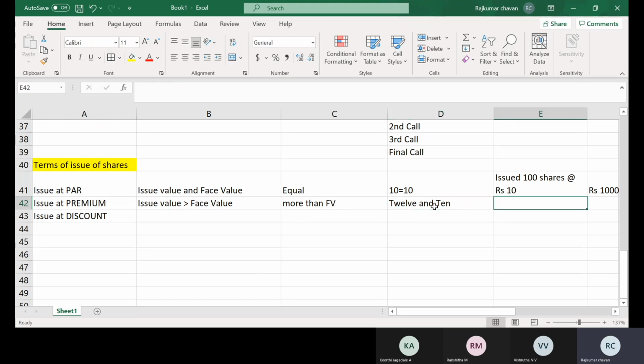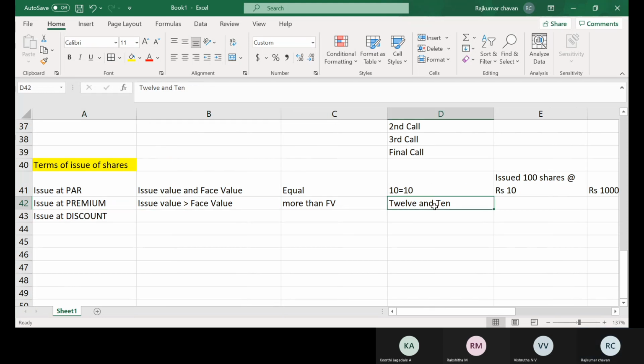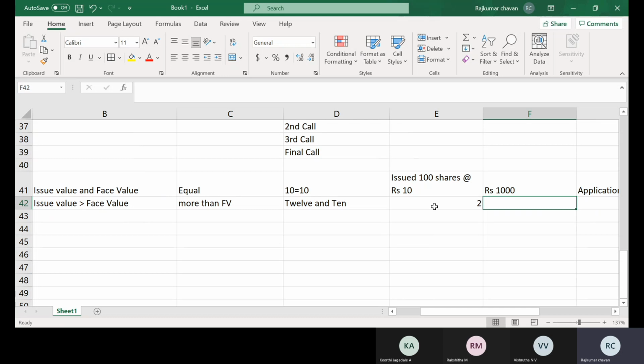What is the difference? The premium is how much? The difference between both is called the premium. So the premium is 2 rupees. Got it? Yes, sir.